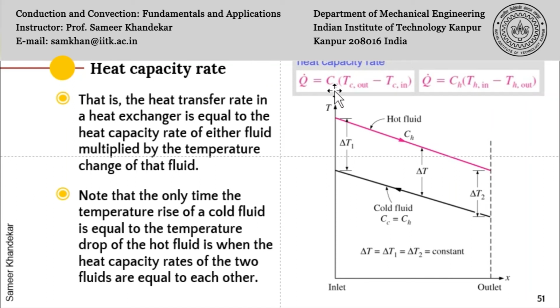If the capital Cc and capital Ch are identical, then the delta T's will also be identical, and it will be a constant temperature change between the fluids. That means as you pass through the heat exchanger, the delta T remains identical. Whatever the inlet delta T is remains throughout, in a countercurrent heat exchanger, for example. So delta T is equal to delta T1, which is equal to delta T2, which is equal to a constant.